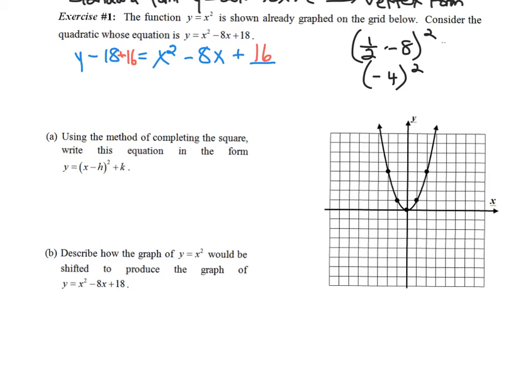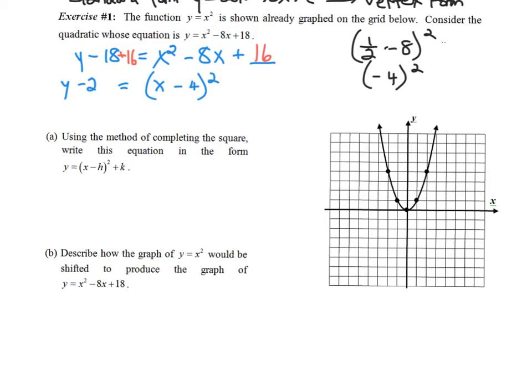Now when I do that on the left side, I'll be able to add together the like terms, so that'll give me y minus 2. On the right side, of course, this is now factorable. So our factors are going to be x minus 4, quantity squared. And again, remember the little tip I gave you yesterday. Whatever your half number is, that's the number that goes inside of your factor.